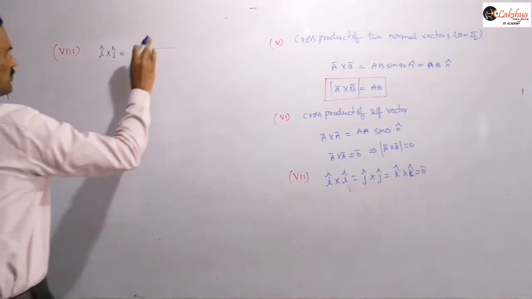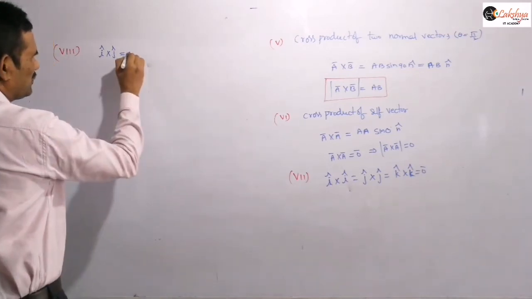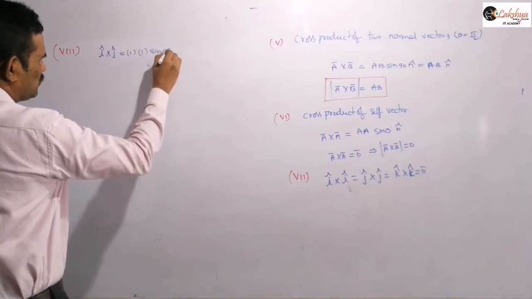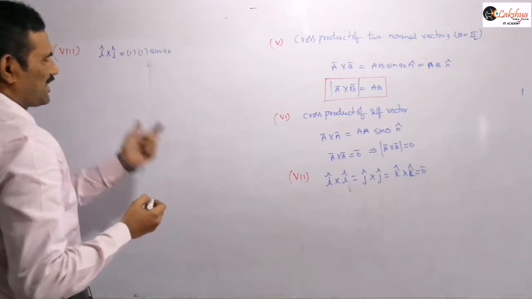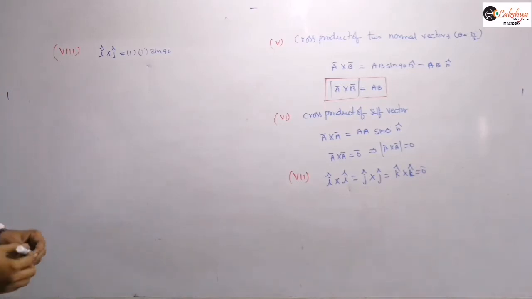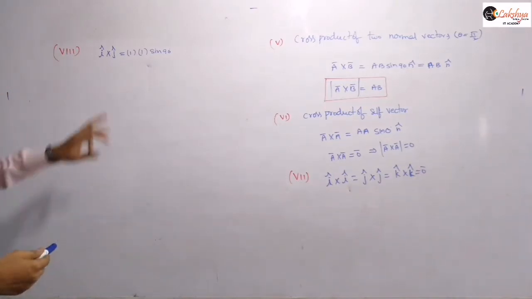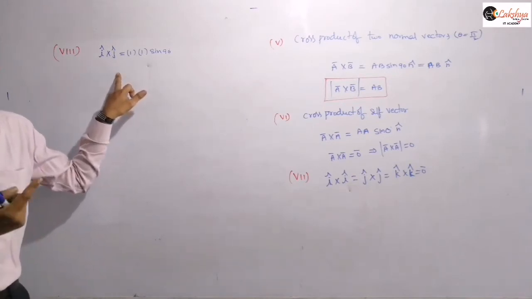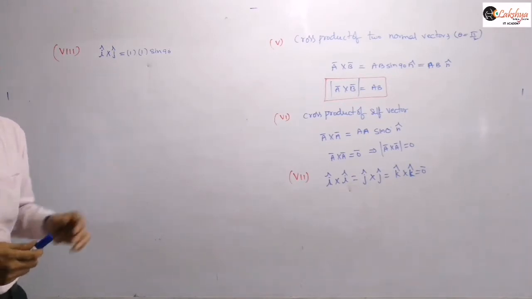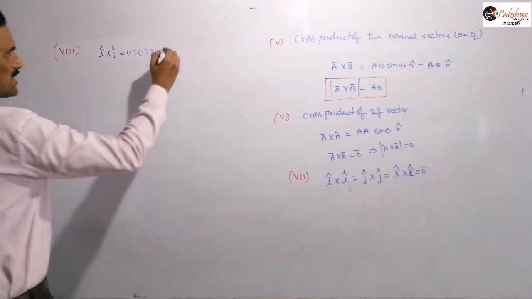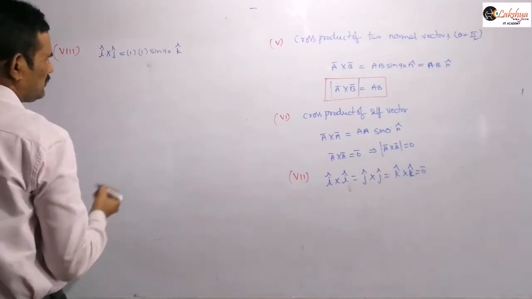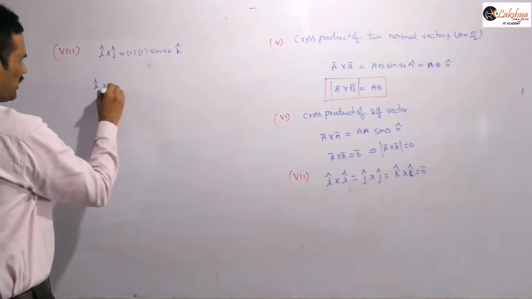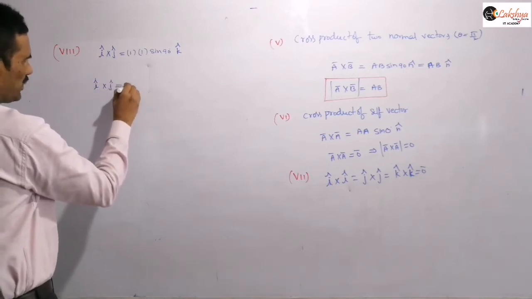According to our definition, this is 1 into sin 90, because these two are perpendicular. Now you need to write the normal unit vector. i cap is along the x direction, j cap is along the y direction. The normal to the xy plane is nothing but k cap, the z axis. So finally what we can conclude is i cap cross j cap is equal to k cap.